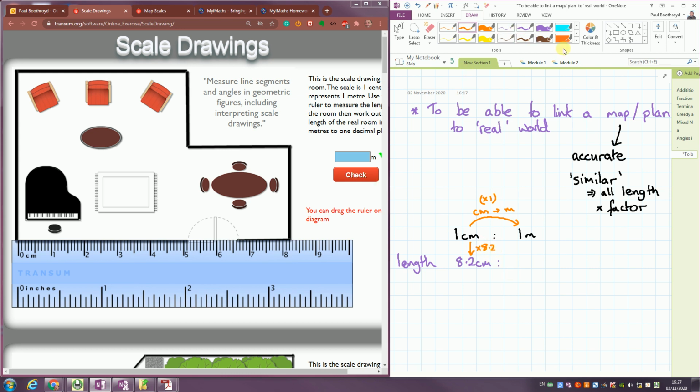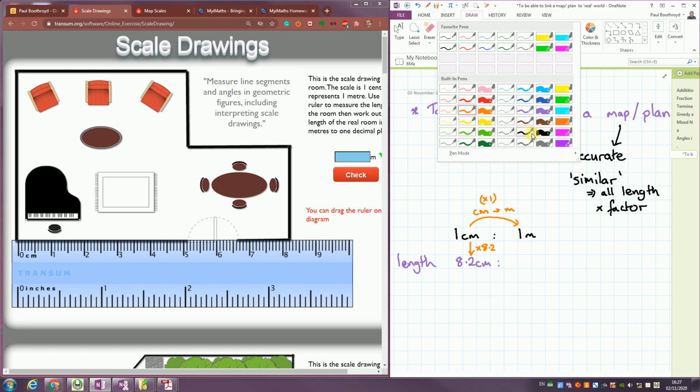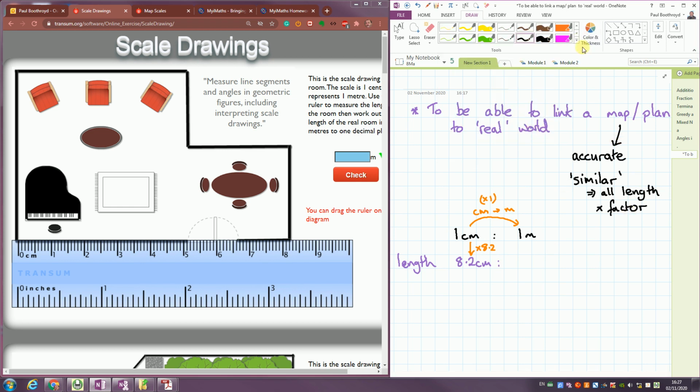My preferred way to calculate these, which was useful when we come on to the later questions, is I want to know this value x. So I say x, and I'm doing equal fractions again. You've seen me do equal fractions a lot. Well, x is the real distance in metres, so the real distance is there.